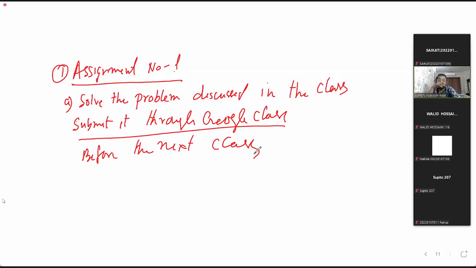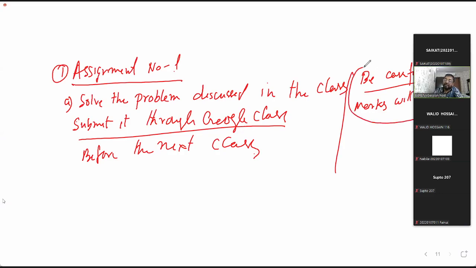I am asking all of you to be careful about the time. If you are late, marks will be reduced, and these marks will go to your class performance mark.